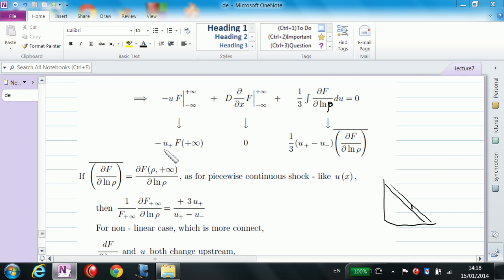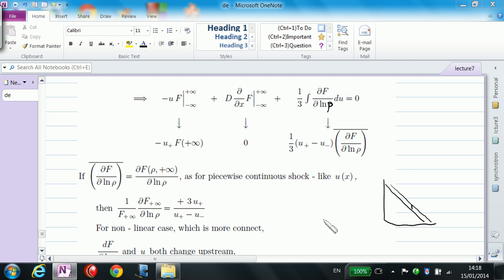What is this term? It's the downstream velocity times the density, which is constant. Everywhere between 0 and plus infinity, it takes on the same value, which is why I call it f plus infinity. And this is just the rate at which particles are being convected to downstream infinity, namely to positive infinity.